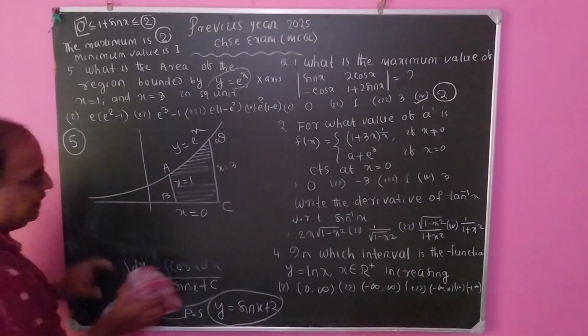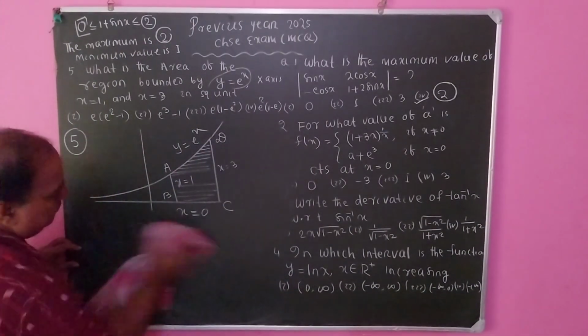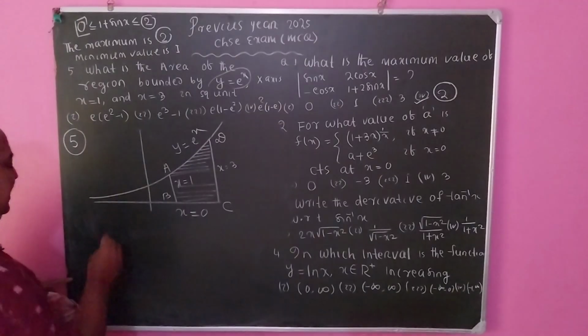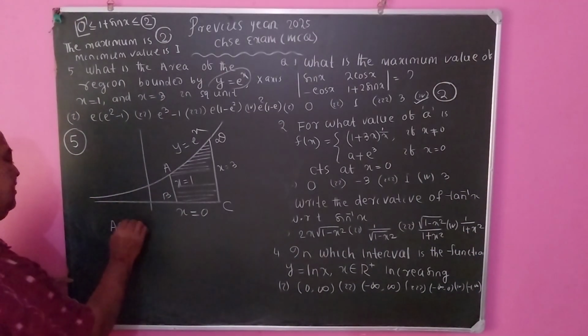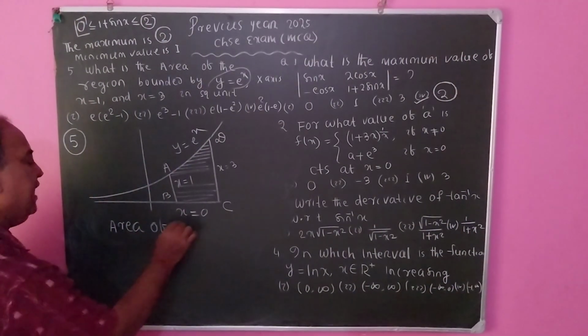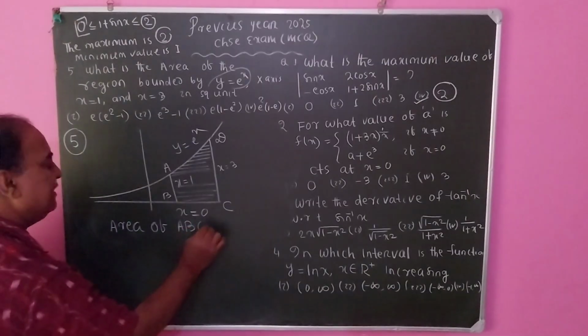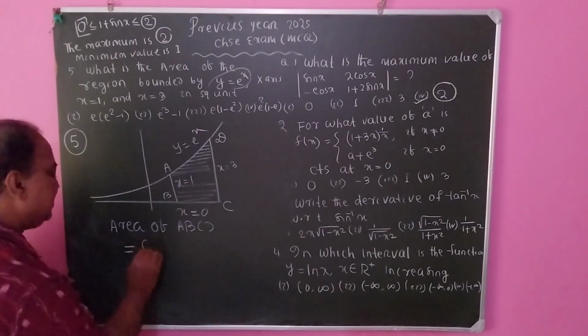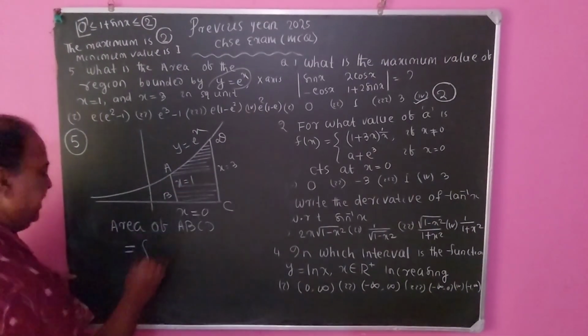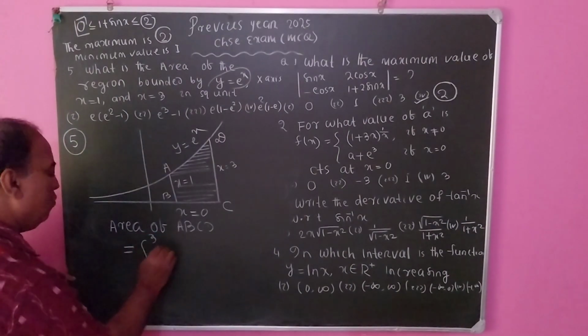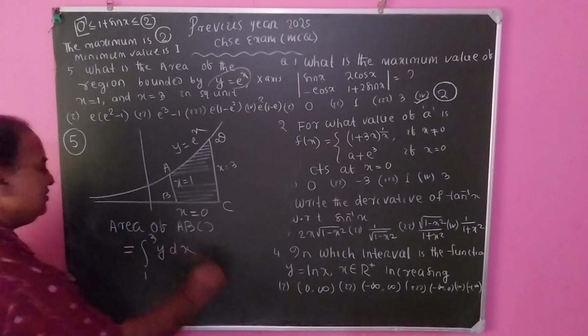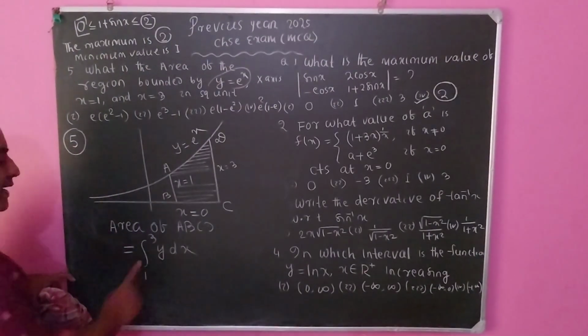Write down the area of ABCD is equal to integration from 1 to 3 of y dx. Always the formula is y dx.